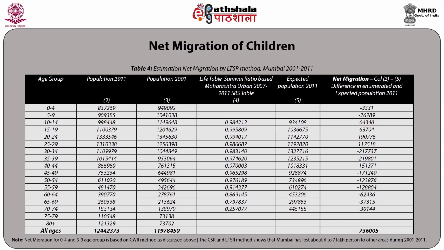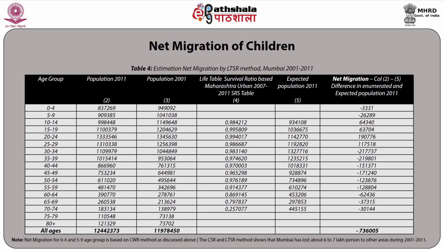Next is expected population 2011. Next is net migration, which is the difference between enumerated and expected population for 2011. Net migration for the 0 to 4 and 5 to 9 age groups is based on the CWR method as discussed above.